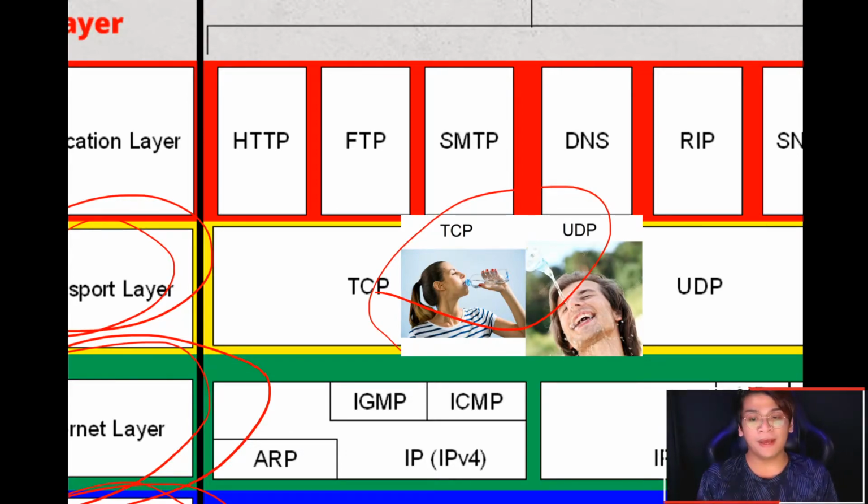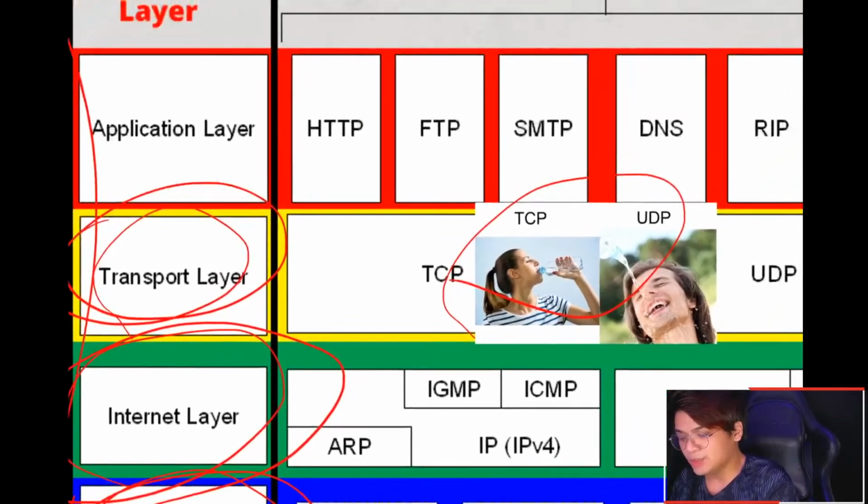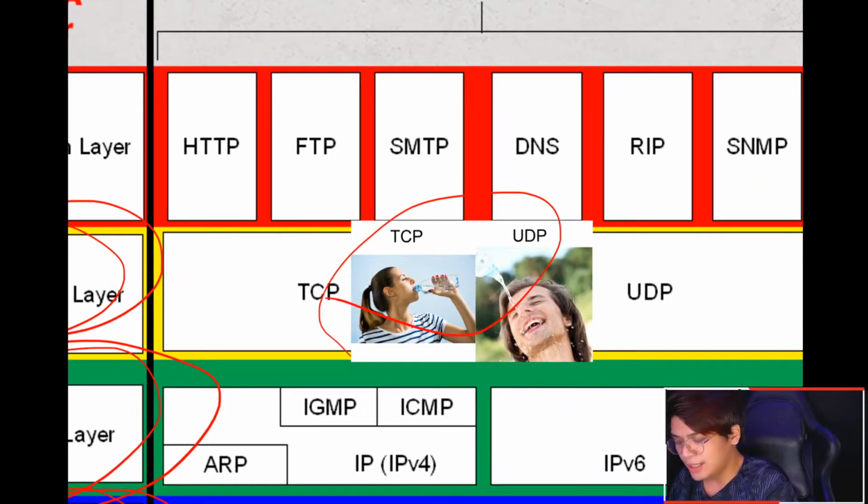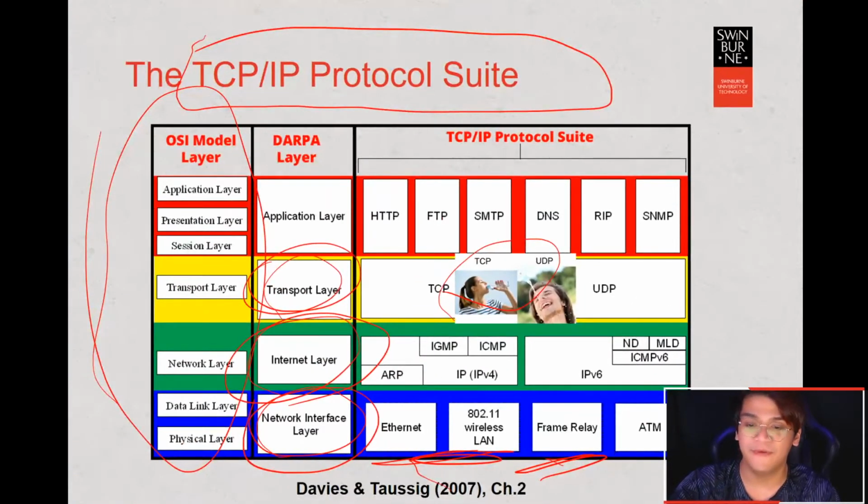TCP carefully passes the water, while UDP just empties the water bottle as fast as possible, and it does not matter if the water gets inside the mouth or not. Basically, TCP makes sure each of the water gets inside the mouth before you drink more water, while UDP is like drinking as much water as you can in as fast a time frame as possible.